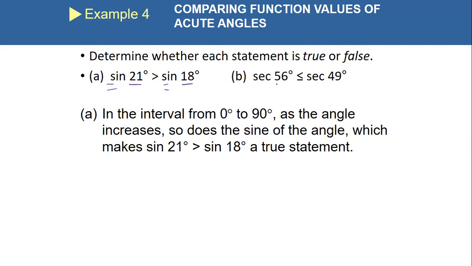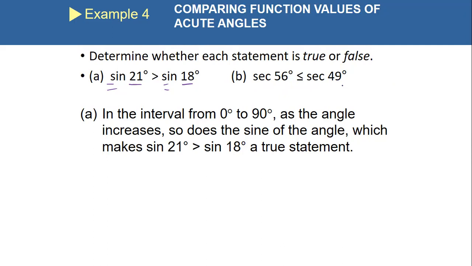Okay, secant. For cosine it decreases, but for secant it's going to increase. Here it's saying that the secant of 56 is less than the secant of 49. Is that true or false?